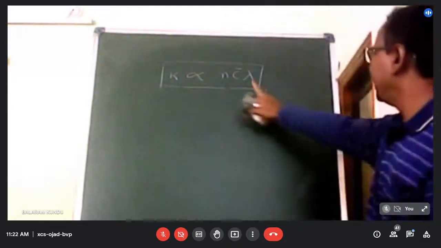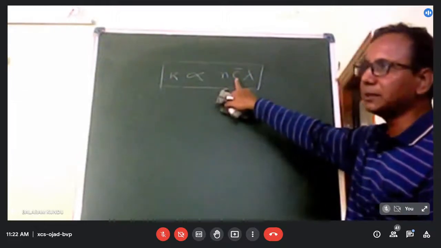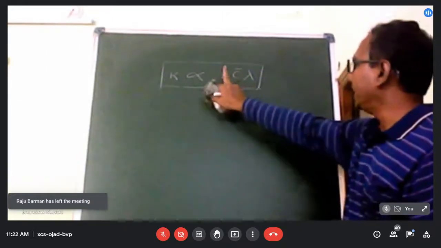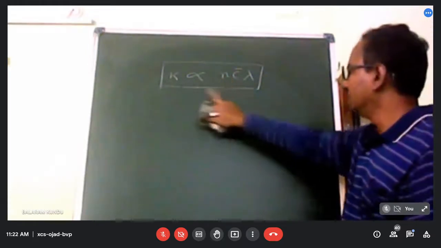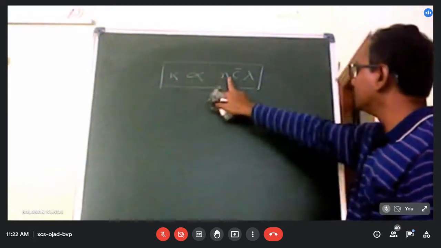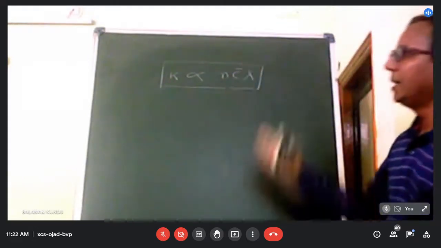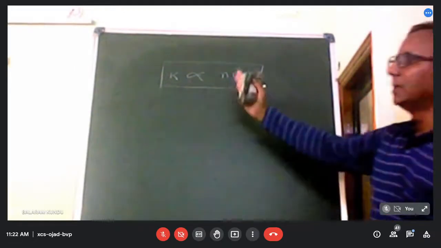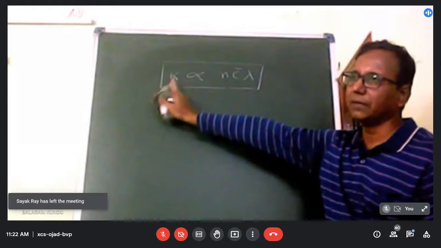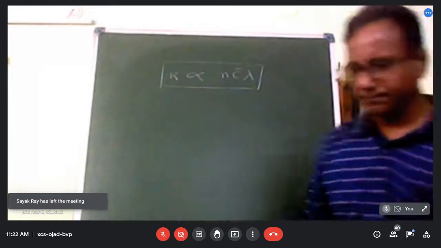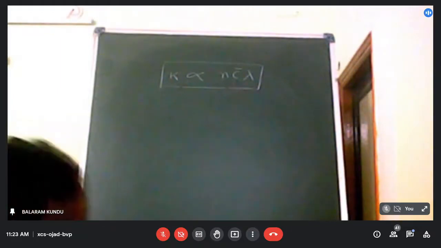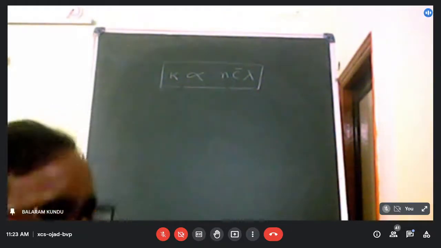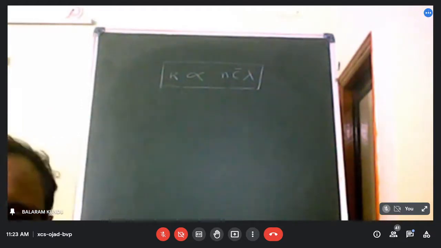So K is proportional to these three factors, and if we increase the temperature, K value definitely increases. In case of gases, thermal conductivity K always increases with the temperature.